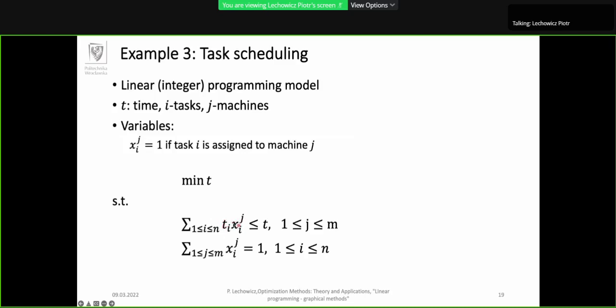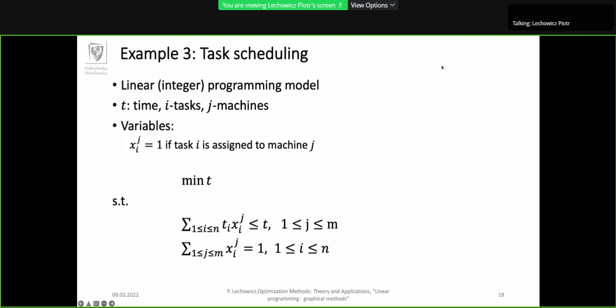So if we assign certain task I to machine J, we multiply it by the time required to accomplish this task, and we calculate the sum of all tasks realized on machine J, and the overall time has to be greater or equal than this value.